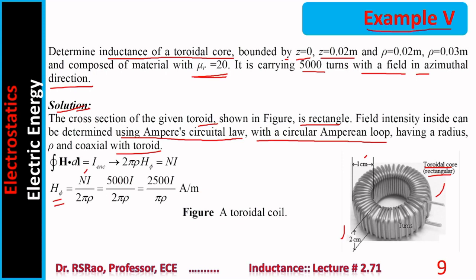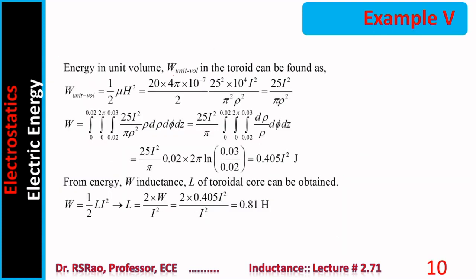N is 5000, therefore it comes out to 2500 I by pi rho. Energy in unit volume in the toroid is half mu H square. H square is available, mu is given, mu r is 20 times mu naught. Simplification results in 25 I square by pi rho square.